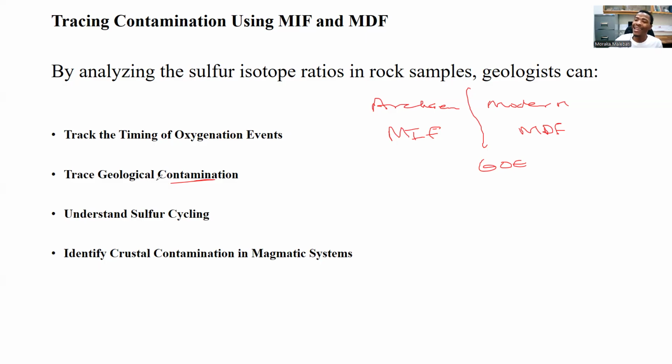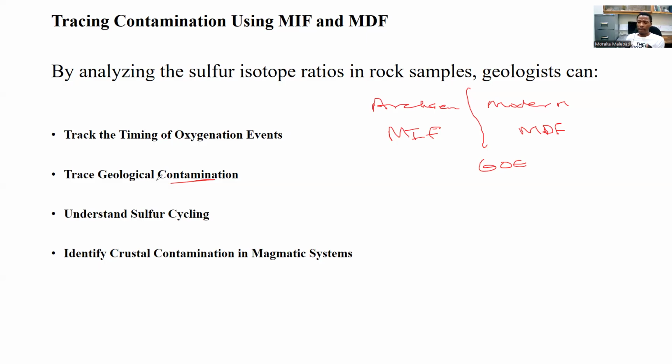And also by understanding sulfur cycling. How can I explain? For example, if you combine MDF and MIF data, that will help geologists reconstruct ancient sulfur cycling processes. That is to say, this would include the role of microbial activity and atmospheric chemistry in shaping the Earth's surface environment over geological time.